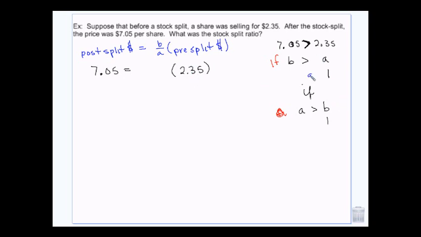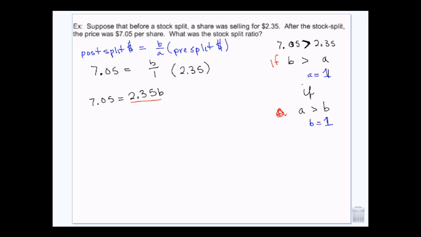So here A equals 1, here B equals 1. So in this case then, I'm going to put the B up here over 1. So that means 705 is equal to 235B. I'm going to divide both sides by 235.